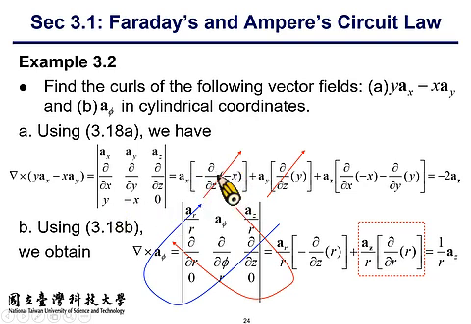Say this one, this is finding the derivative of the function minus x towards z, and because the minus x function has no z dependence, this ends up to 0, and this one ends up to 0 as well. And this one you have the relationship of -1, -1, because the first term is -1, the second term is 1, so you end up with -2 in the z direction. So be sure to practice by yourself.